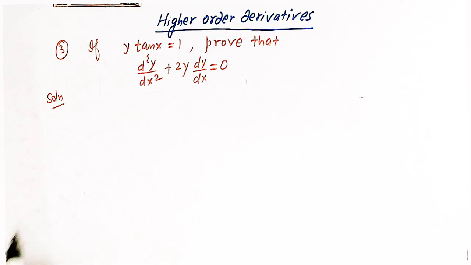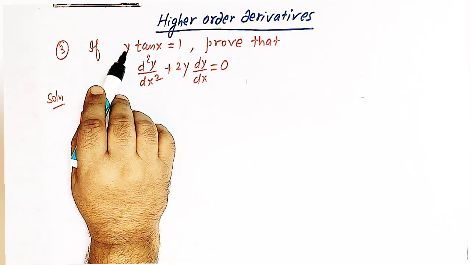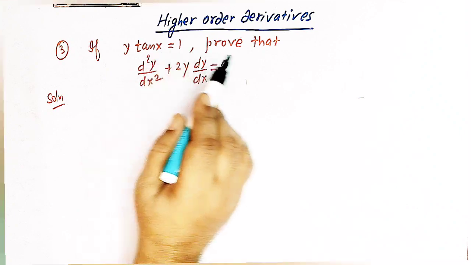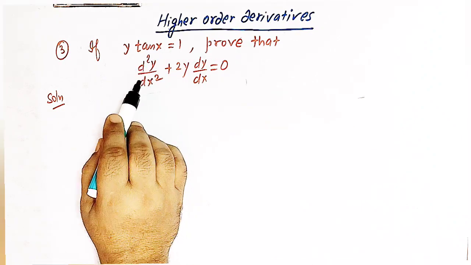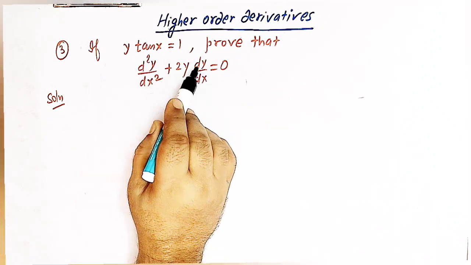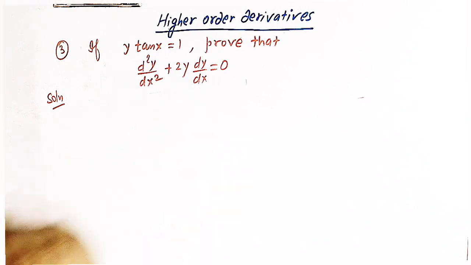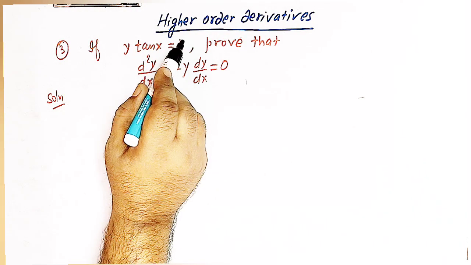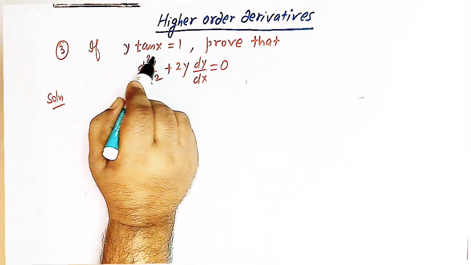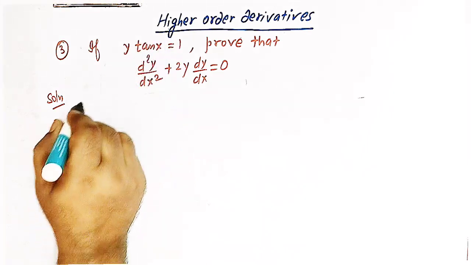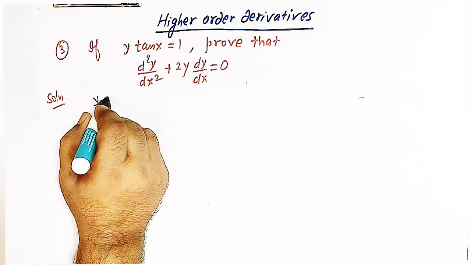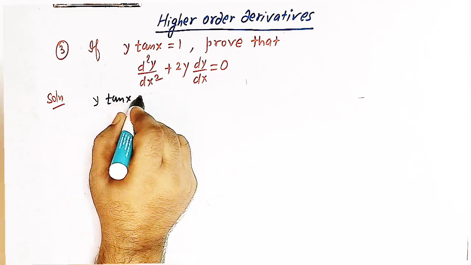Now consider this third problem in which we are given that y tan x is equal to 1, and we have to prove that d2y over dx2 plus 2y dy over dx is equal to 0, right? So from this relation we will start, and we are given that y times tan x is equal to 1.